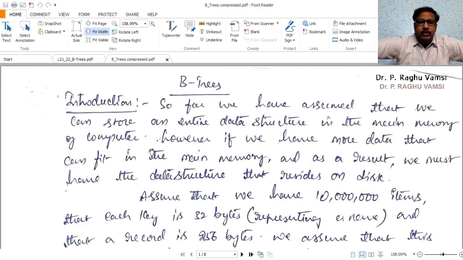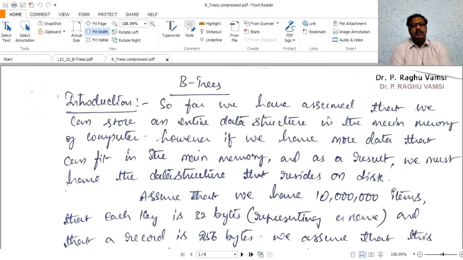So far, we have assumed that we can store an entire data structure in the main memory of the computer. However, if we have more data that cannot fit in the main memory, we must have the data structure reside on the disk. The main memory attached to your computer may be a maximum of 16 GB or 32 GB.